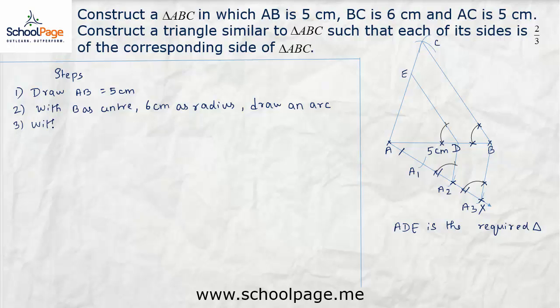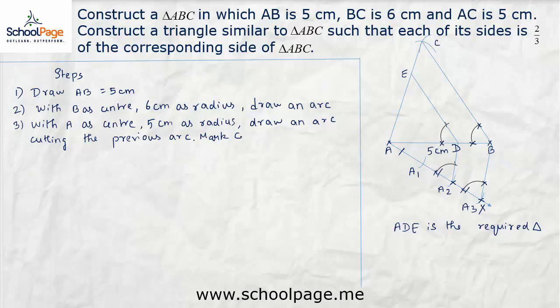With A as center and 5 centimeter as radius, draw an arc cutting the previous arc. Mark the point of intersection as C. Join AC and BC and we get triangle ABC.